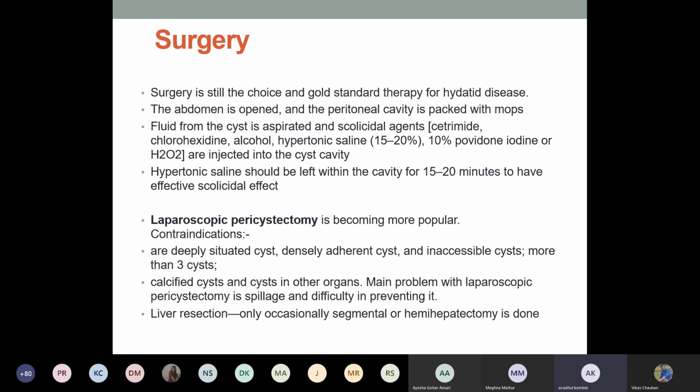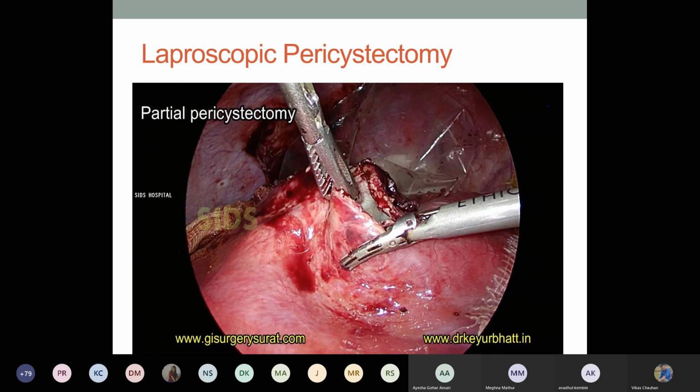The problem of laparoscopic pericystectomy is spillage and difficulty in preventing spillage. This is a picture showing a laparoscopic pericystectomy.